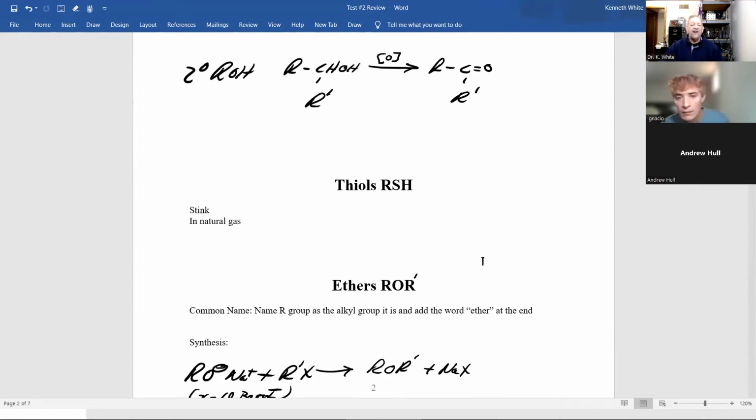Talk about thiols. Thiols are RSH. They're like an alcohol, but you replace the oxygen with a sulfur. The first thing you should know is they stink, like a skunk odor stink, because skunk odor is a thiol mixture.